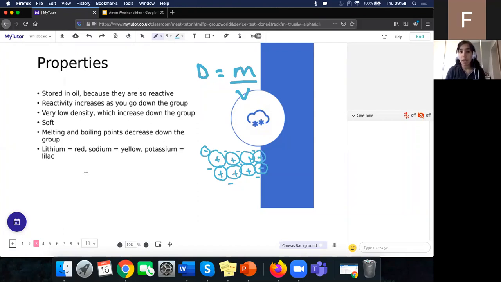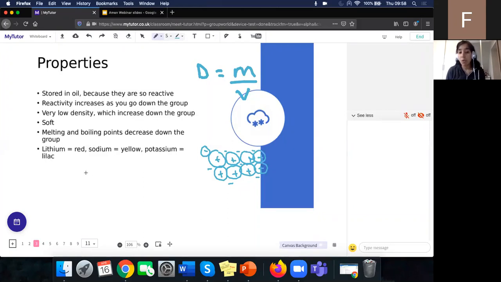Because as they get bigger, the protons are further from the delocalized electrons in that structure, so there's less electrostatic attractive forces, and therefore less energy is needed to overcome or break those electrostatic attractive forces between the delocalized electrons and the positive cations as we go further down the group.